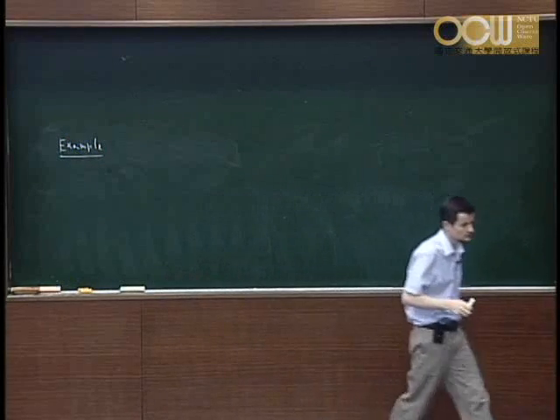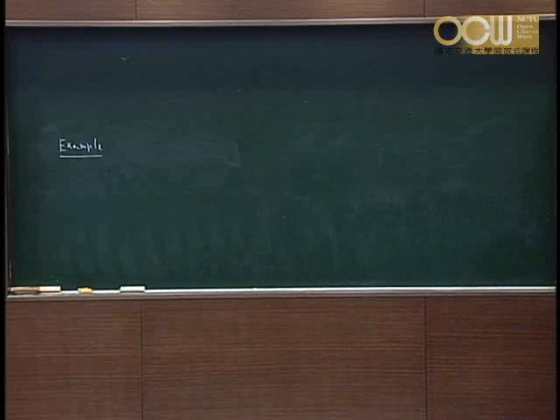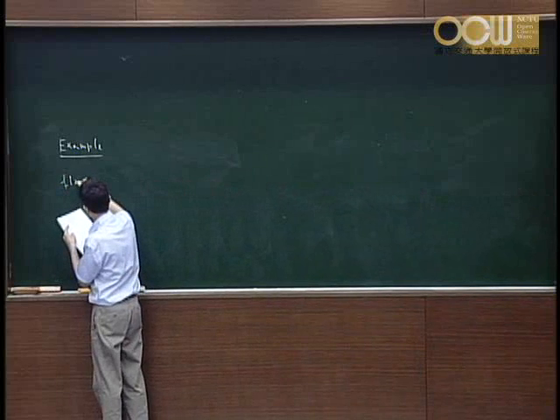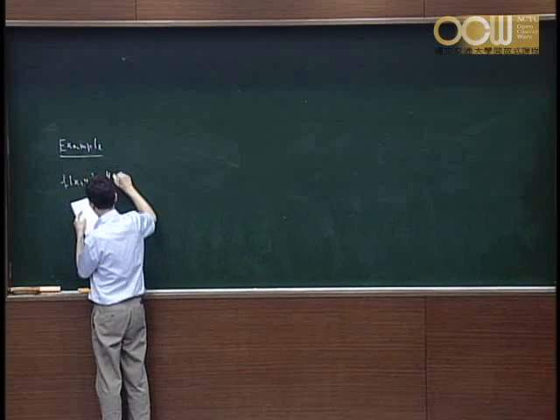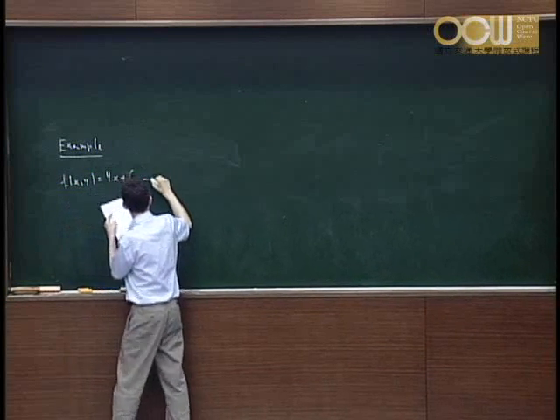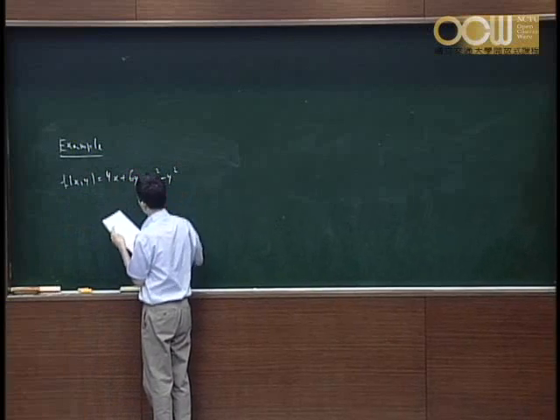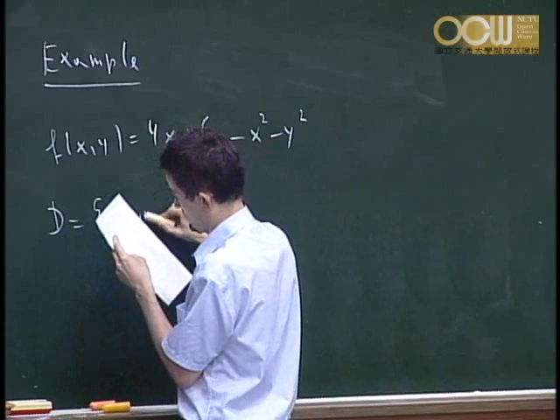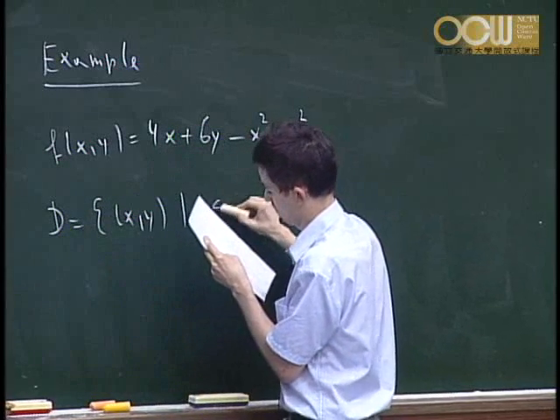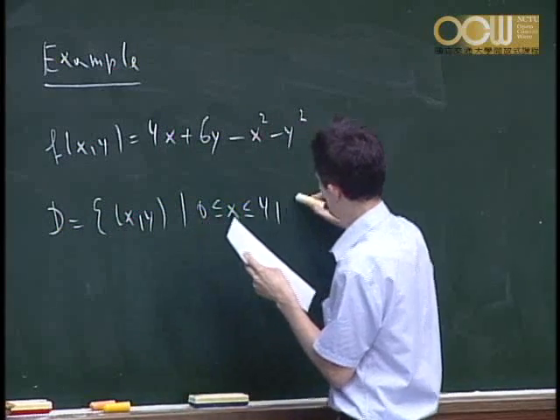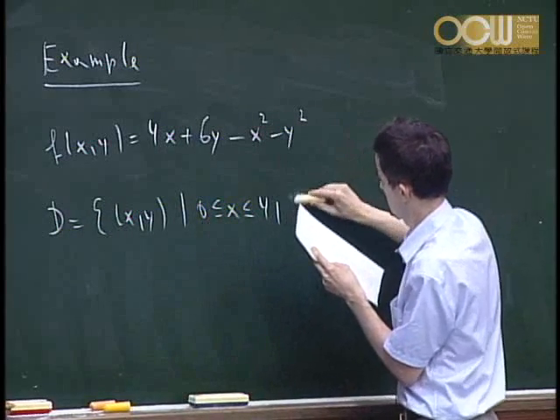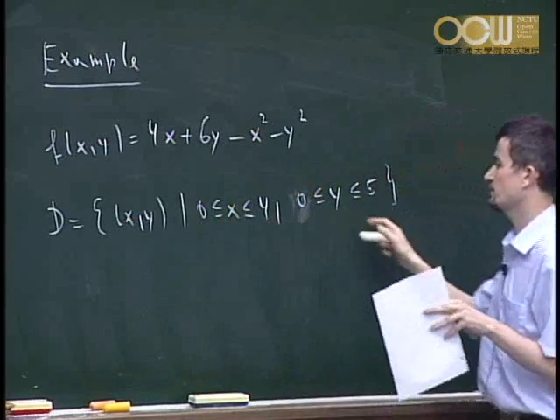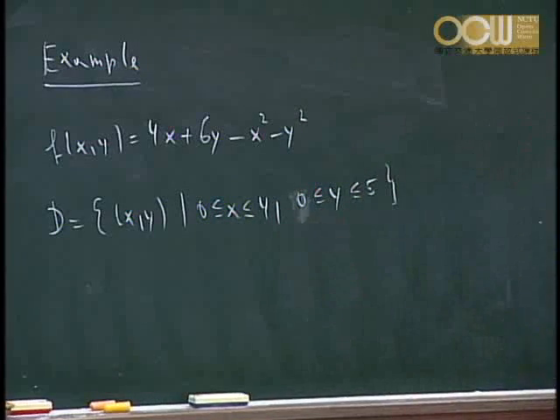For instance, let's say we have the following function, 4x plus 6y minus x squared minus y squared. And let's say the domain is given by a rectangle.